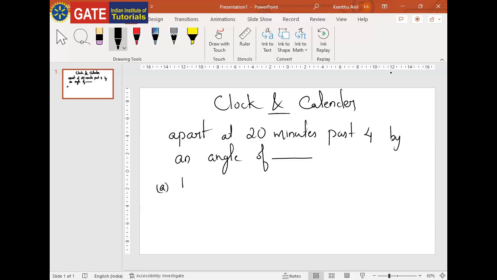Option A 15 degree, option B 10 degree, option C 30 degree, and option D 20 degree. Think very well.